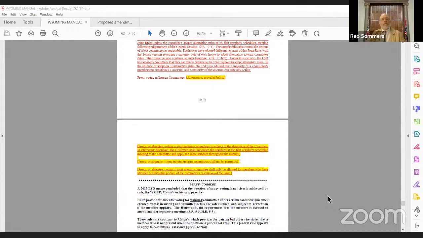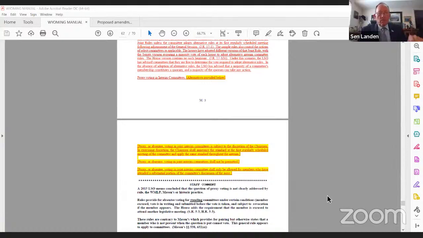All right. All those in Senator Landon. My apologies, Mr. Chairman. Just as a point of order, we're trying to eliminate the word proxy, and we would need to do that on the header at the bottom of M3. That would just simply say absentee voting versus proxy voting. Just wanted to point that out.